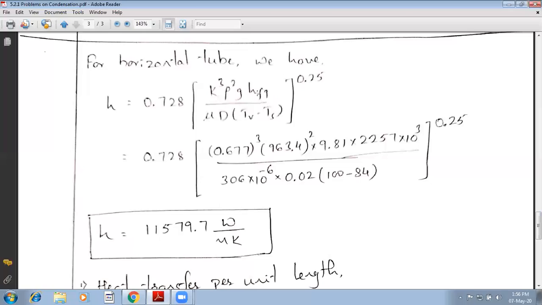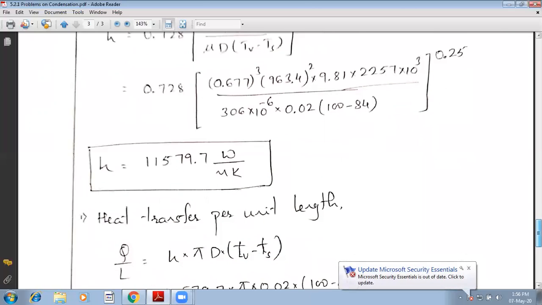Again, you should substitute the value of hfg in terms of joules per kg. Rest all values are known to you. If you substitute, you will have a value of h as 11,579.7 watt per meter squared Kelvin.